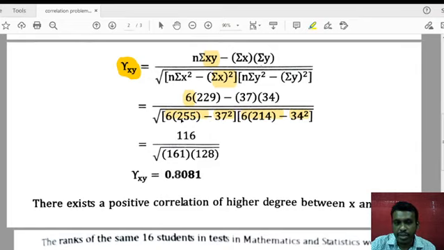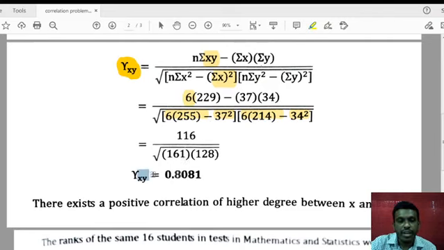So first we multiply this, then we find the square of this, then we subtract this minus this, and similarly here also. Then we multiply both, because first we have to complete this big bracket. Once it is multiplied and the square root is found, it is divided into 116.